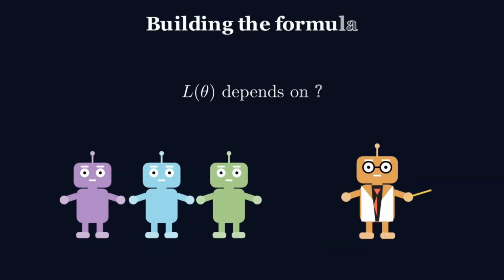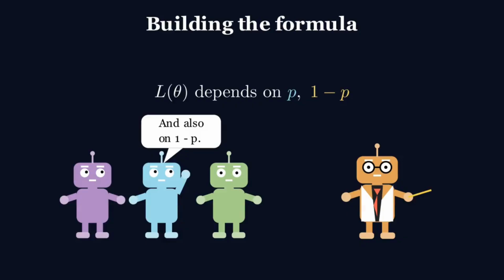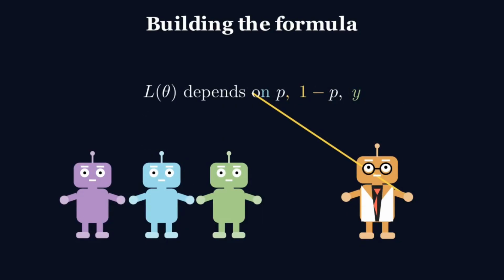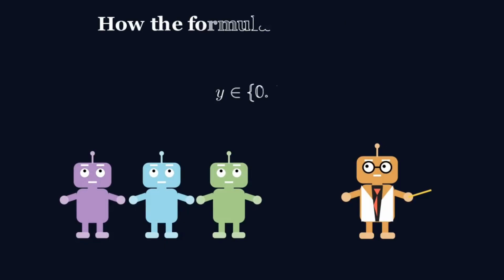So now we're starting to build a formula. From the last scene, we know that the probability of observing the correct label depends on two possible values, P and 1 minus P. But our formula can't only depend on the prediction, it also needs to depend on reality. For example, y can be one of two values, 0 and 1.